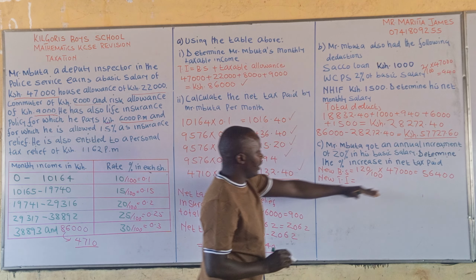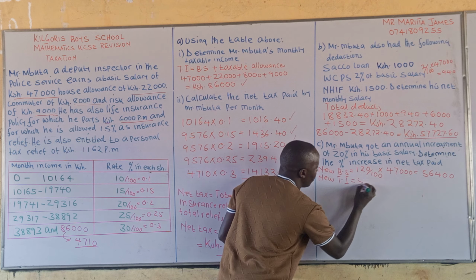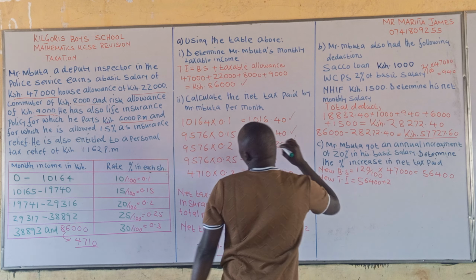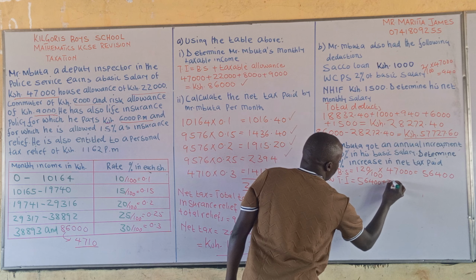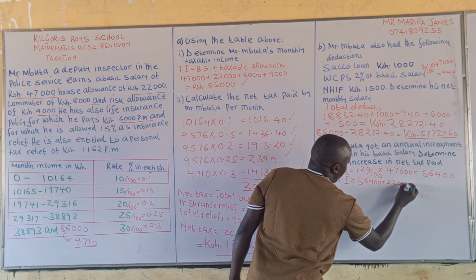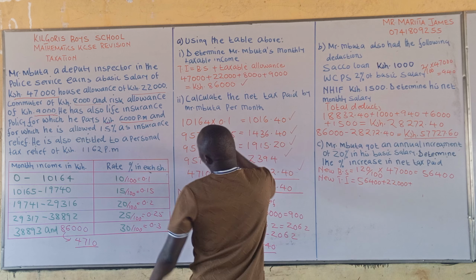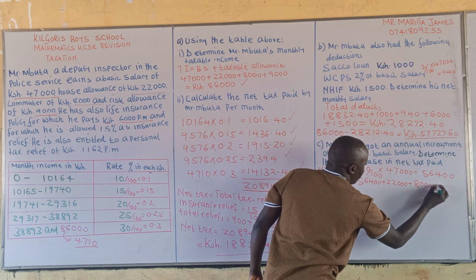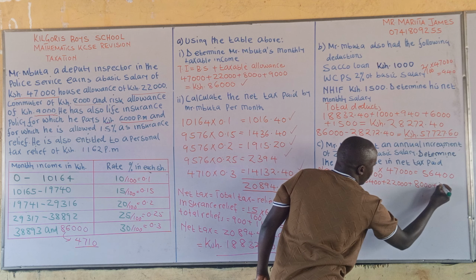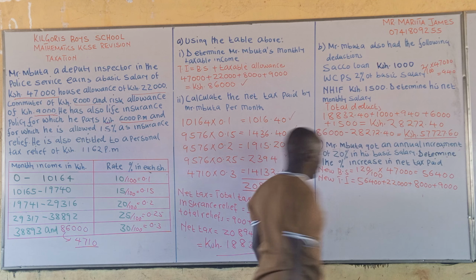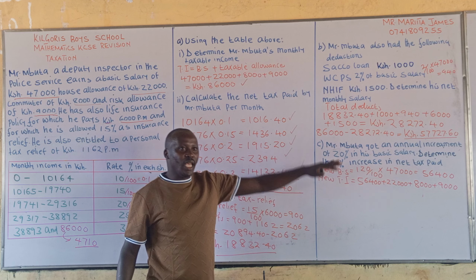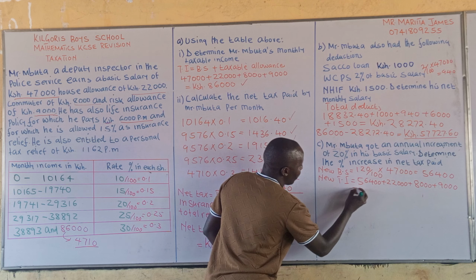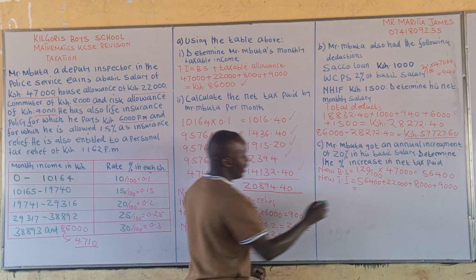Now we have our new basic salary of 56,400, plus house allowance of 22,000, then the commute allowance of 80,000, plus the risk allowance of 9,000. That one now will give us a new taxable income of Mr. Buddha, which is equivalent to 95,400 Kenya shillings.